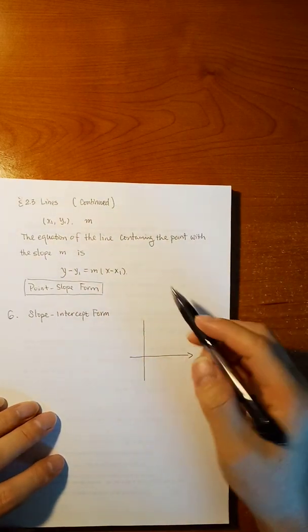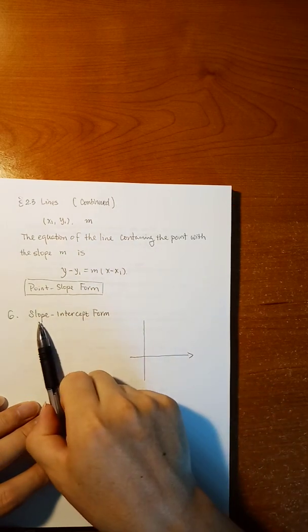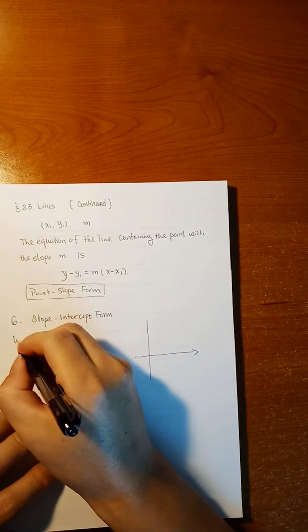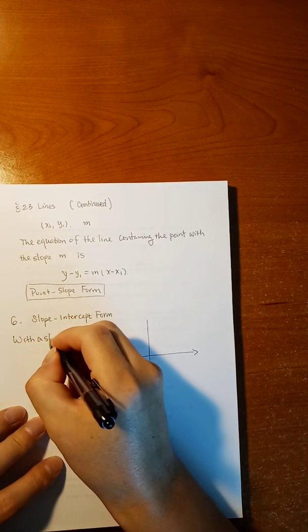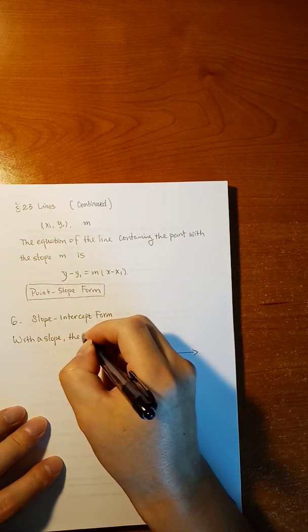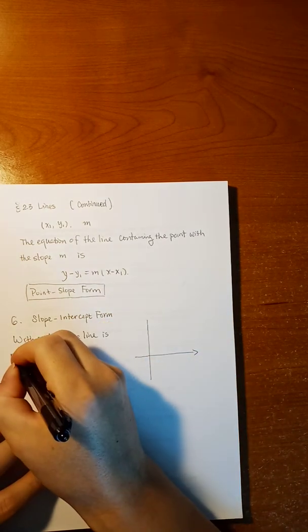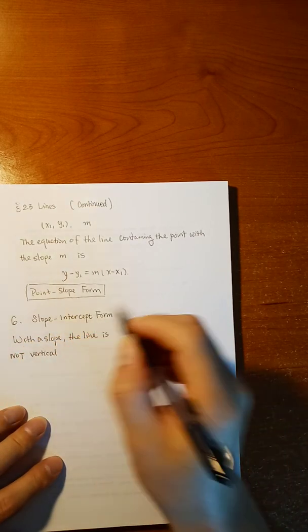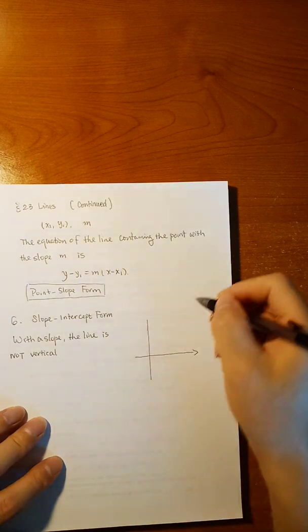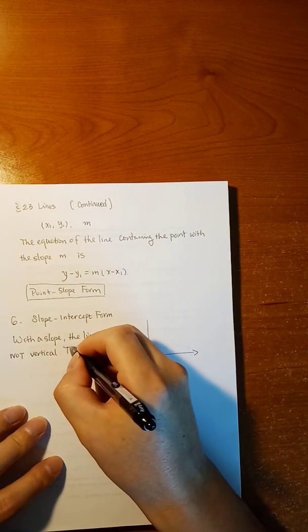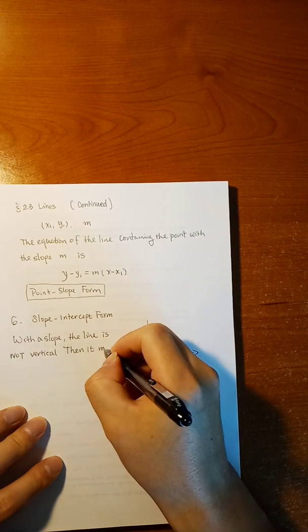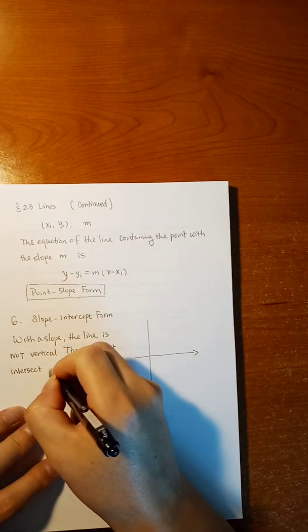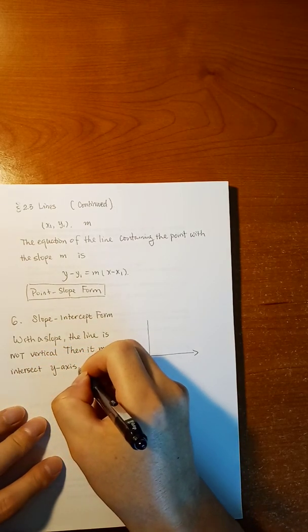When we have a line, if it's not vertical, when it has a slope, it must intersect the y-axis.